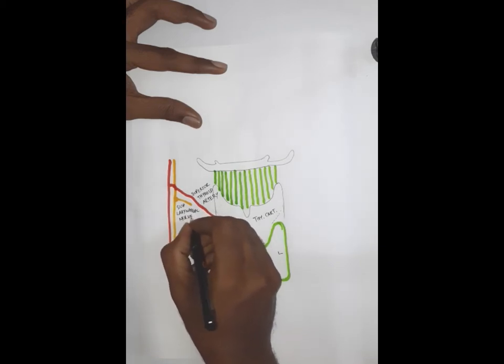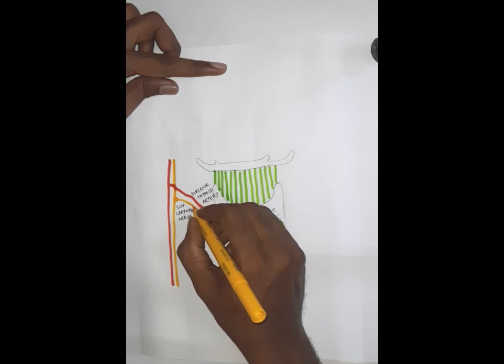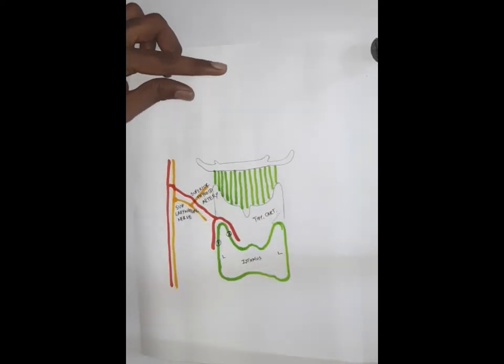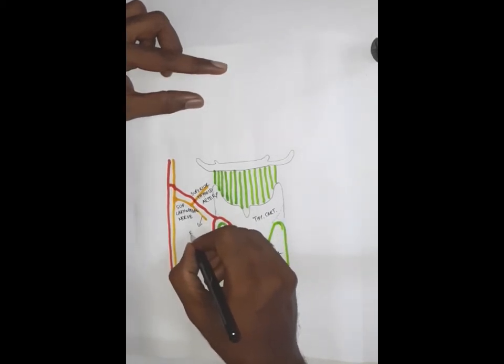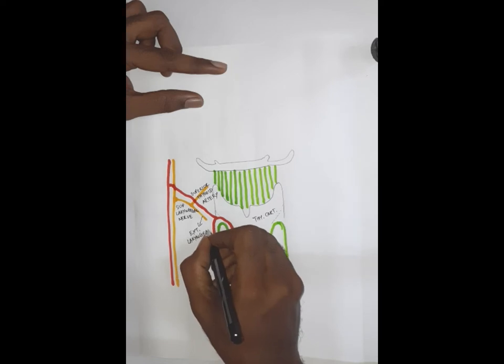The superior laryngeal divides into two branches. The branches are the external laryngeal and internal laryngeal. So the one that is running along with the superior thyroid artery is the external laryngeal nerve.